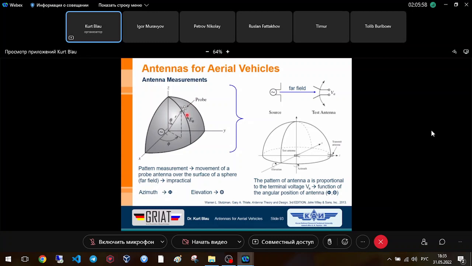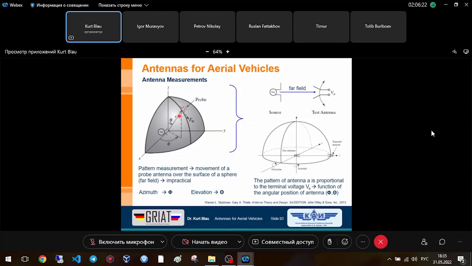And so let's go to the relative theory. We can make the following. We can exchange the movement between probe and the antenna under test. We can fix our probe on a fixed point here.